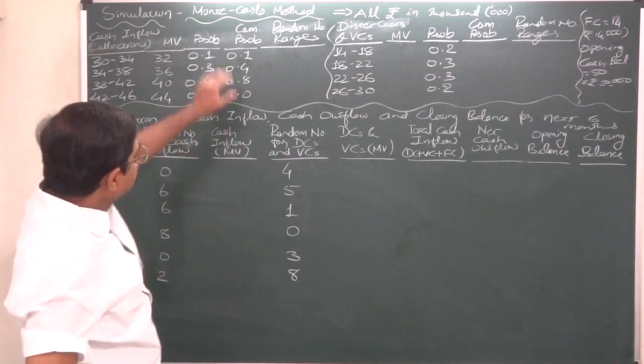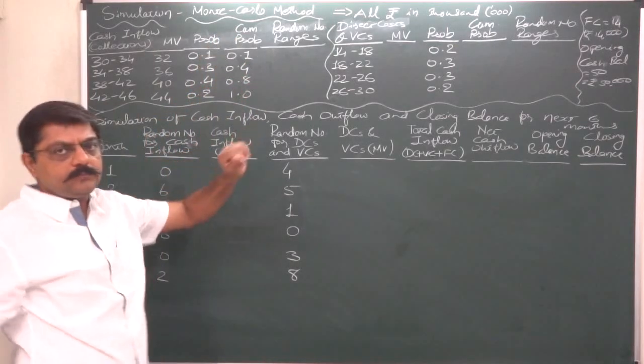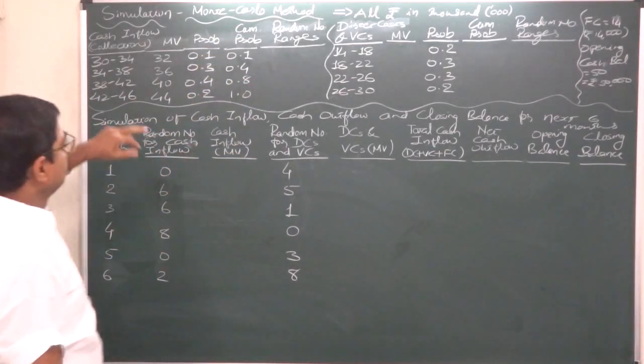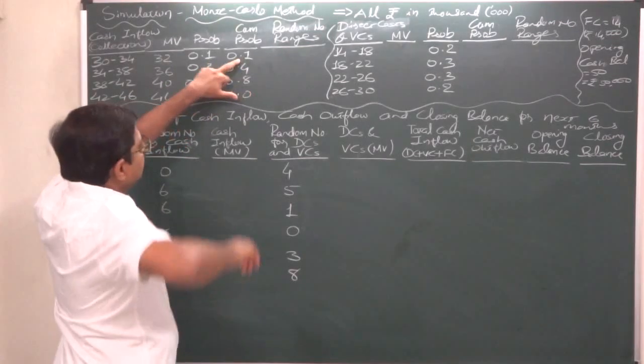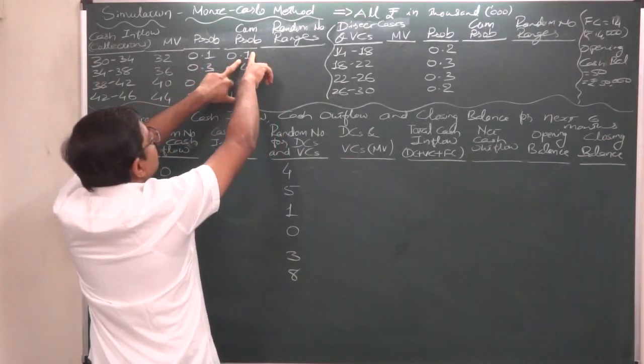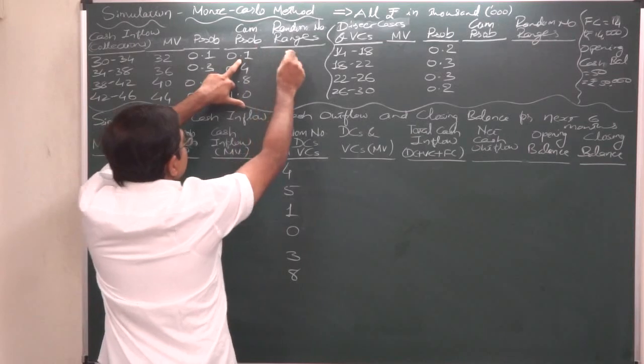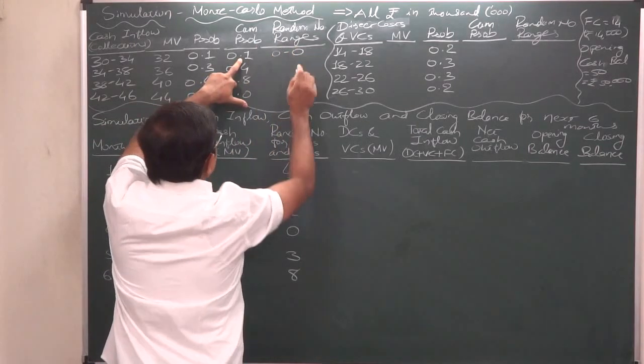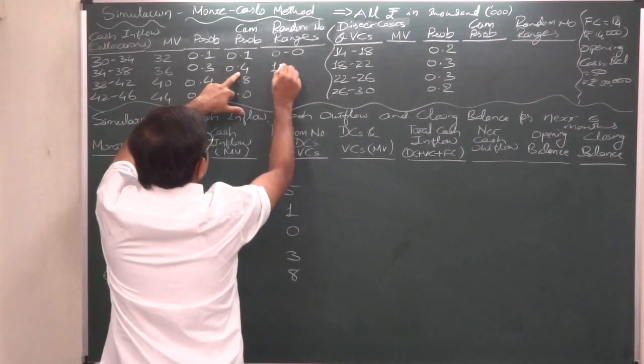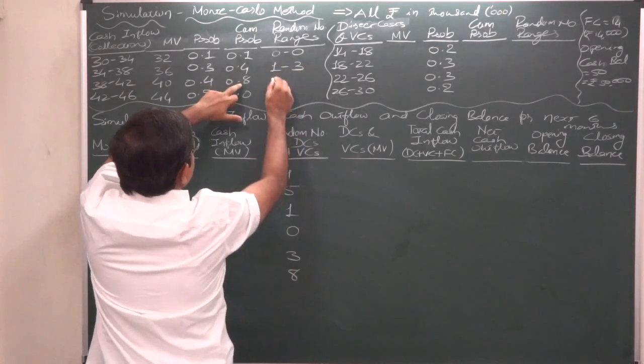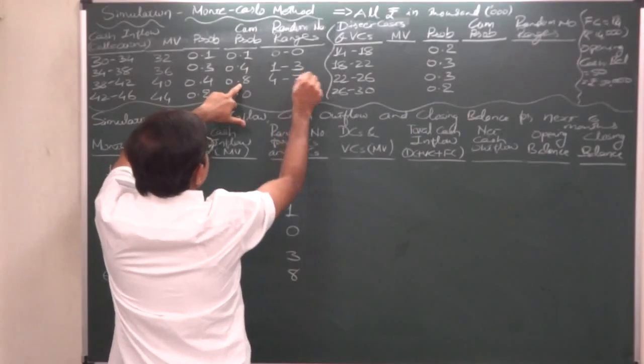Now let's consider this as, say, 10. Since here it is 1, 1 to 0: 1 minus 1, 0. So it will be 0 to 0. Then 1 to 4 minus 1, 3. Then 4 to 8 minus 1, 7.